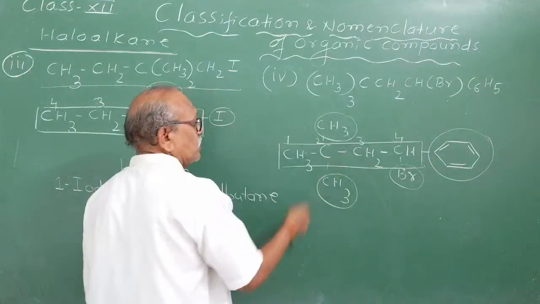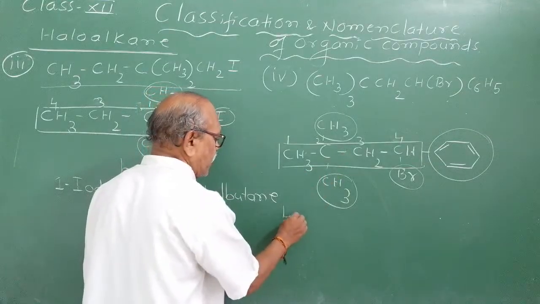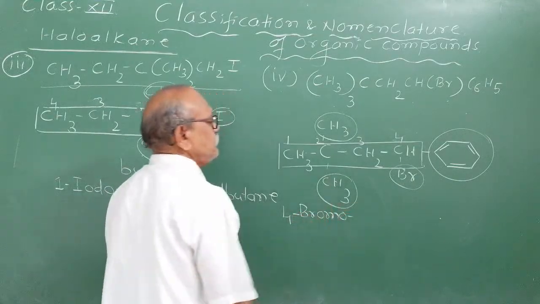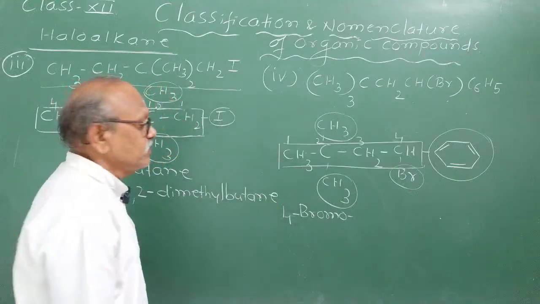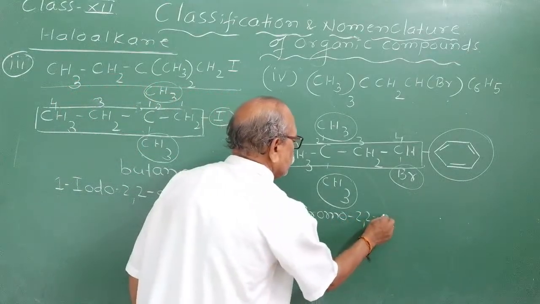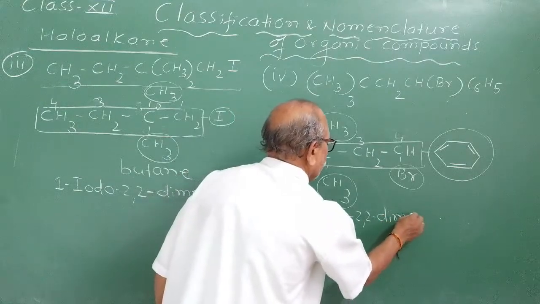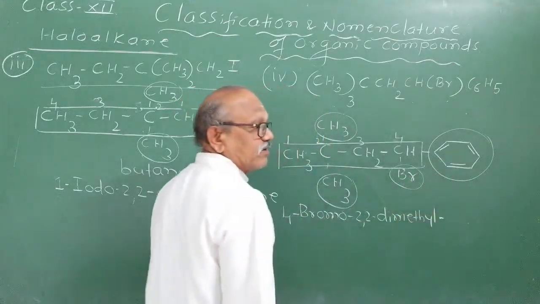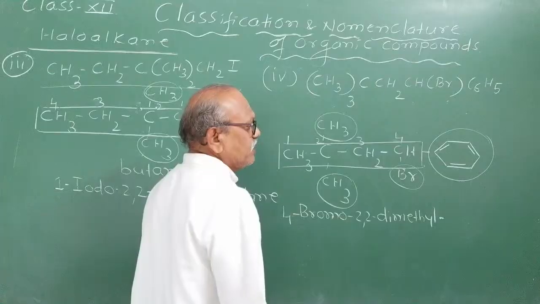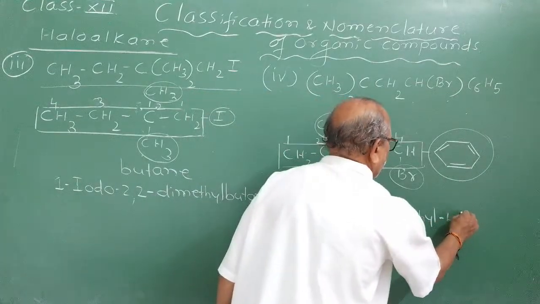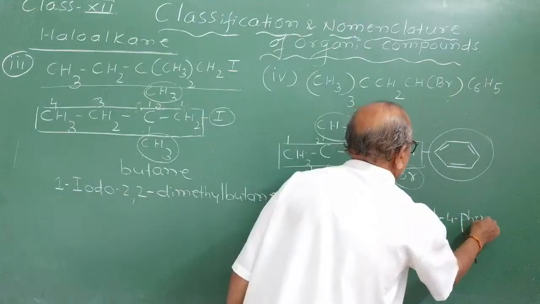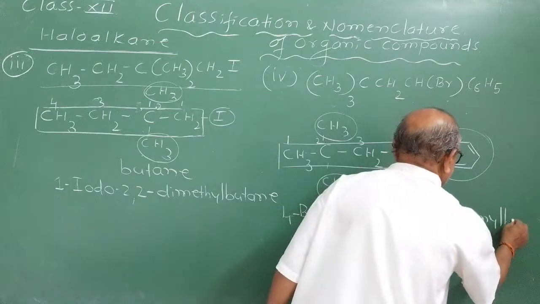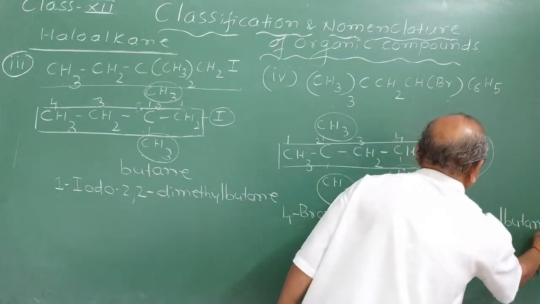To the 4th carbon atom, first of all you have to write 4-bromo. Prefixes must be arranged in alphabetical order. Then 2,2-dimethyl. Then to which carbon is the phenyl group linked? 4-phenyl butane. Don't leave a space. They are all one-word names. Butane.